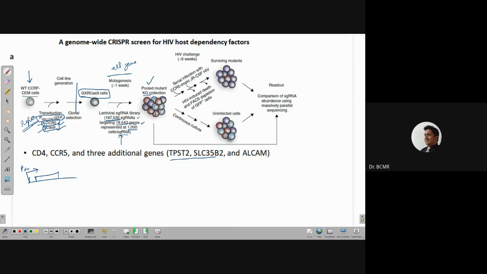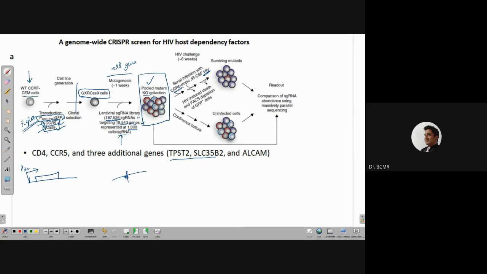Not deleted, inactivated is the correct term, because it makes a single cut, and after the cut, non-homologous end joining will happen, because of which the gene is usually mutated. Now this is the pool of selected cells. Now they have used HIV which is CCR5 tropic. That means CCR5 is essential for it, which gains entry through CCR5.